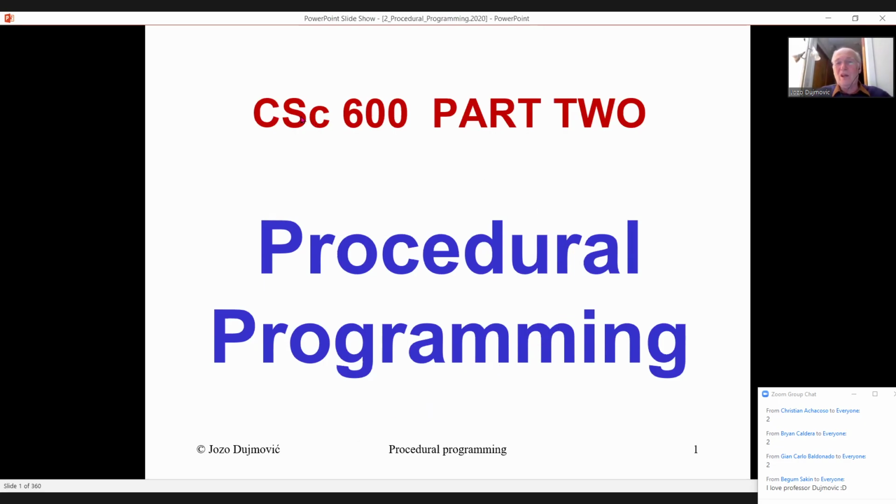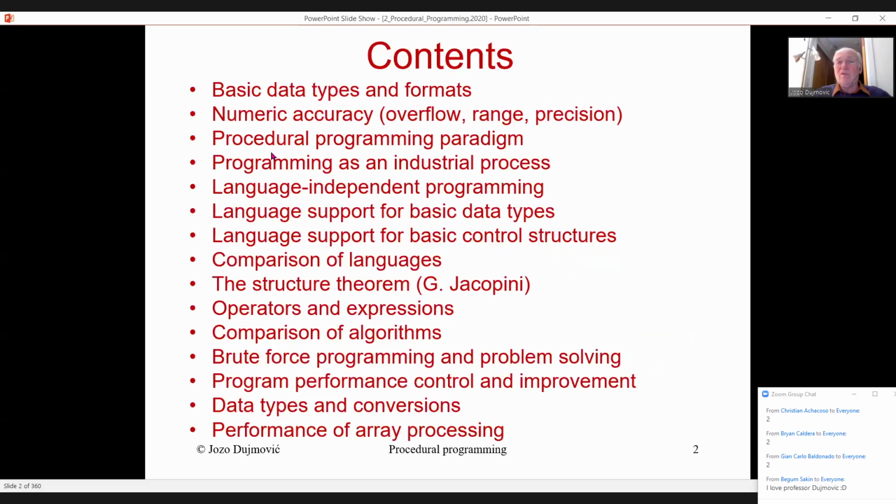What we are going to study are basic data types and formats, numeric accuracy, procedural programming paradigms, language-independent programming, comparison of languages, structure theorem, operators, expressions, comparison of algorithms, brute force programming and problem solving, program performance control and improvement, data types and conversions, and performance of array processing. All these are important components of procedural programming.